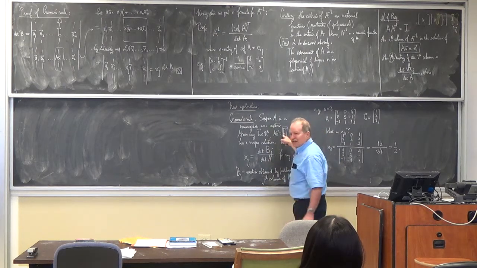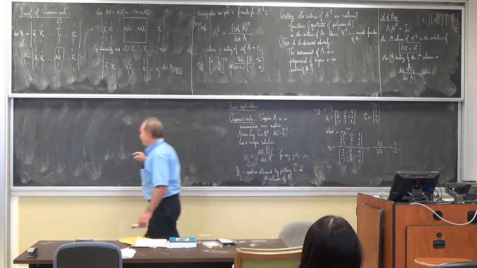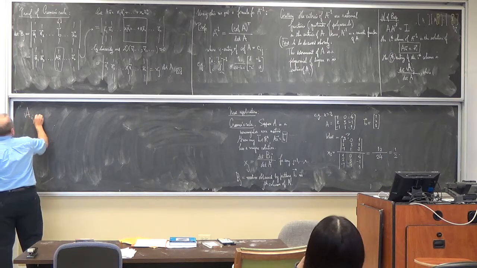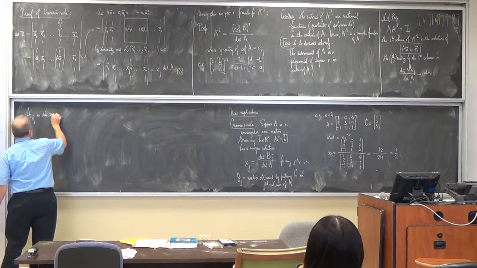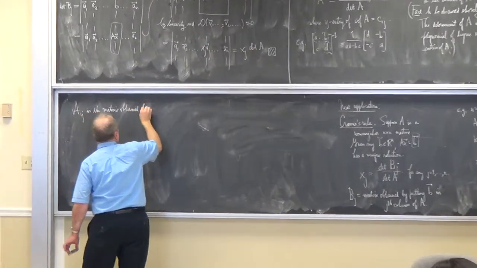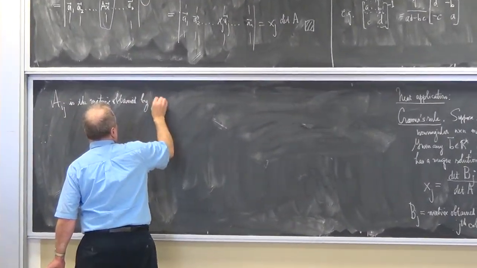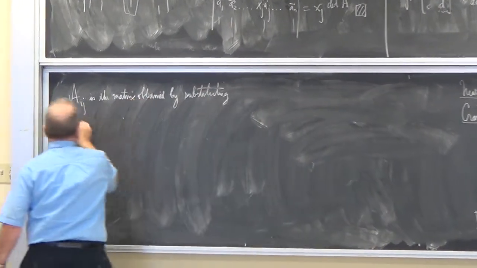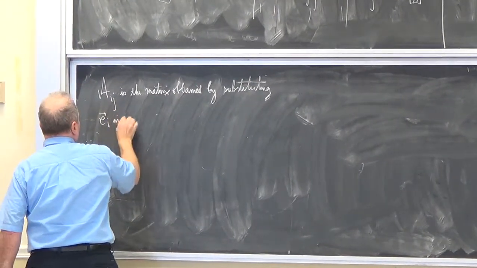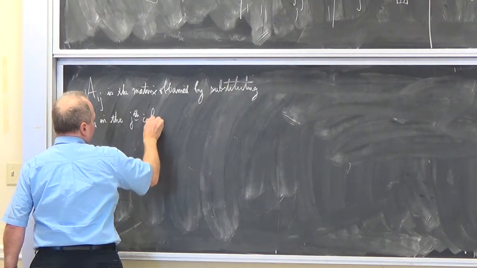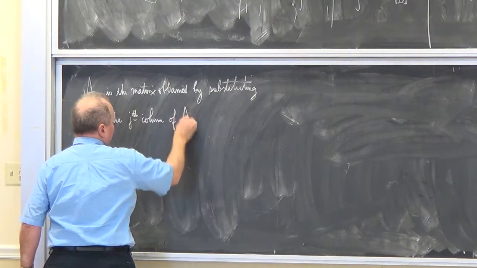But what is the b? It's e_i. That's what I said. I know. We're just trying to confuse everyone. So this is the matrix obtained by substituting e_i in the jth column of A.